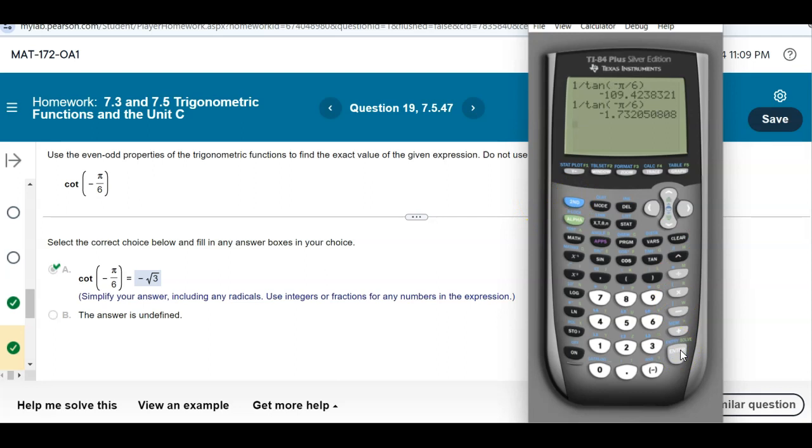I get that number. What I encourage you to do is to take those special values that show up all the time in this course. There's a bunch of these decimals that you see over and over.